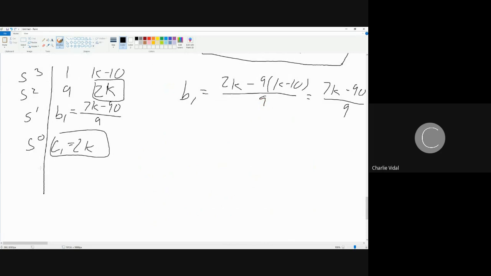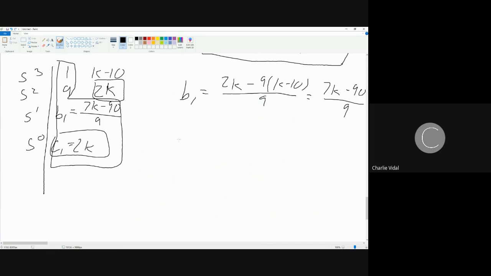Well, everywhere in the first column where we see k, we're going to set it, not equal to 0, we're going to say greater than 0.